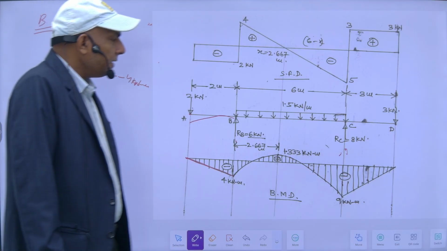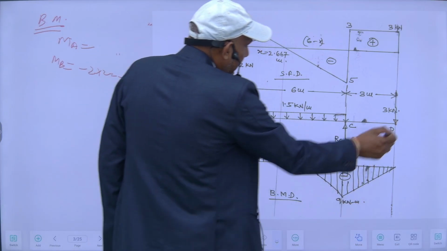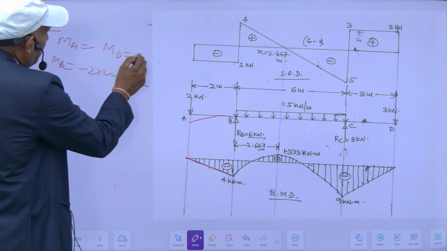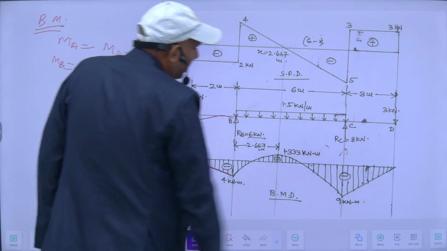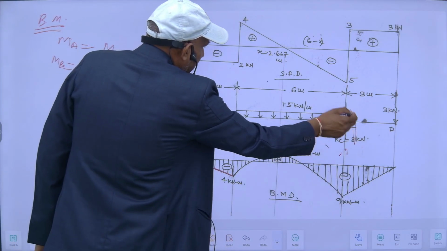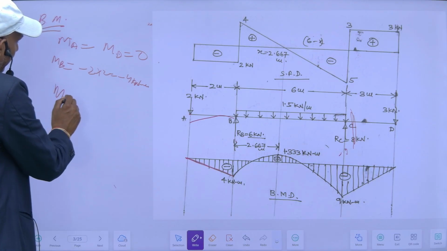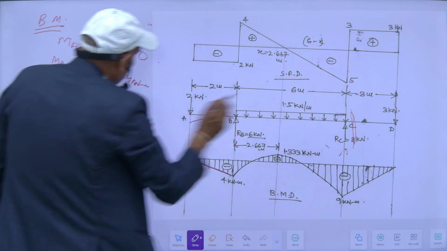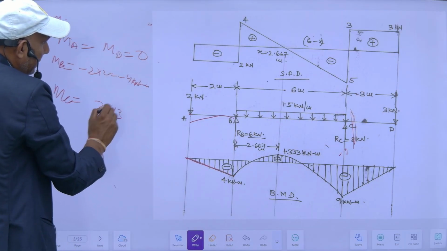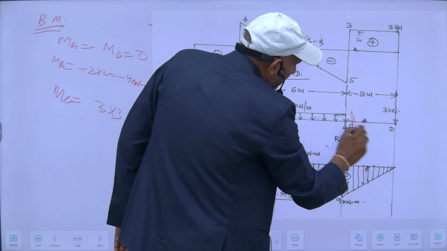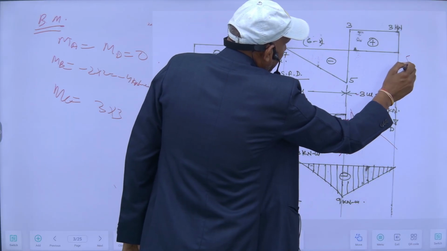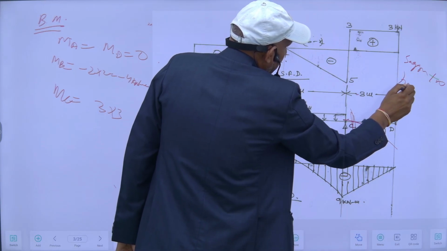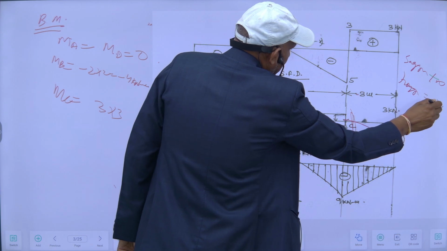And if I start from here, then bending moments MD and MA both are equal to 0. It is 0 here, and here at MC it will be 2 into this distance, 3 into 3, and it is hogging. Hogging means sagging is positive and hogging is negative.